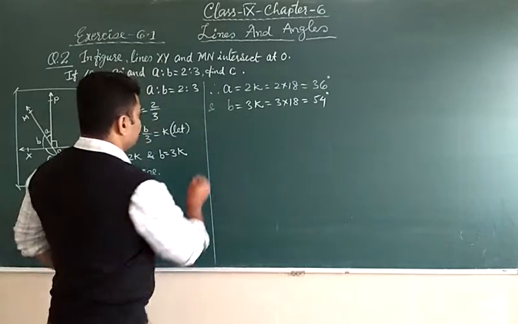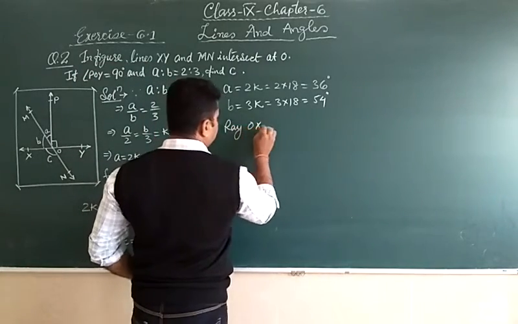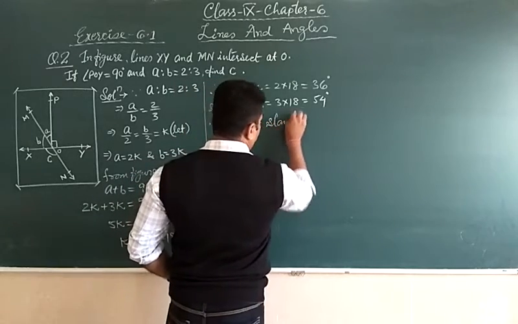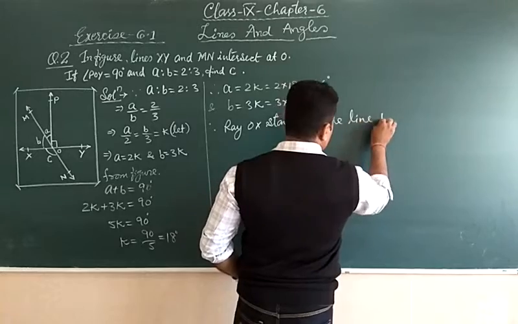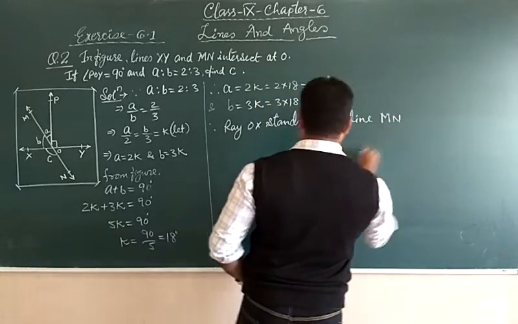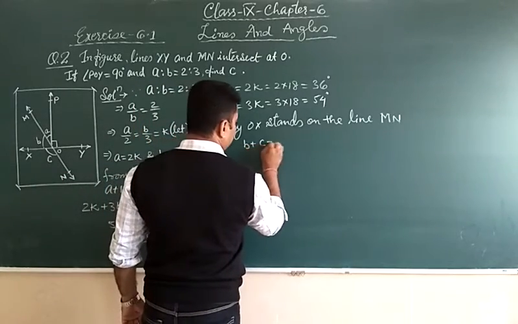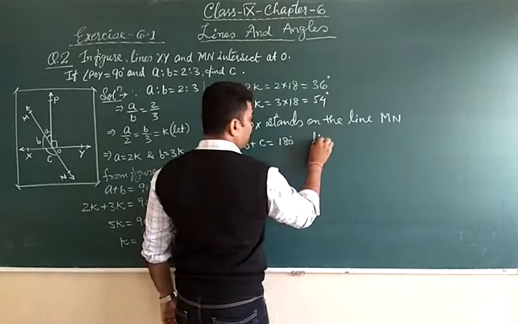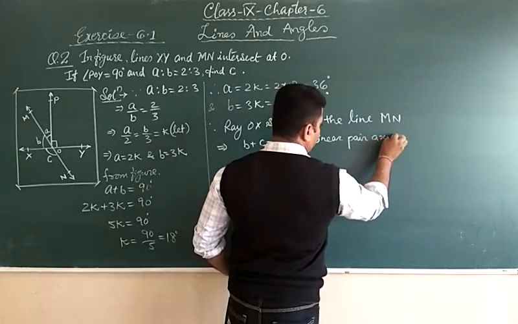So since ray OX stands on the line MN, this implies B plus C is equal to 180 degree by linear pair axiom.